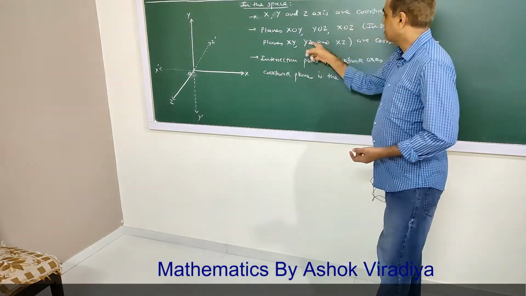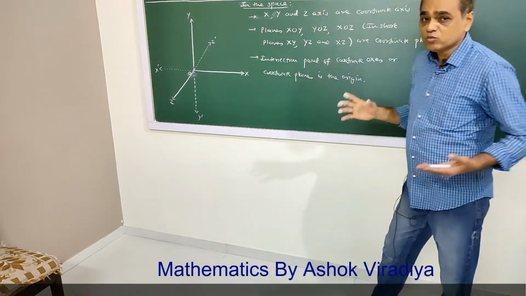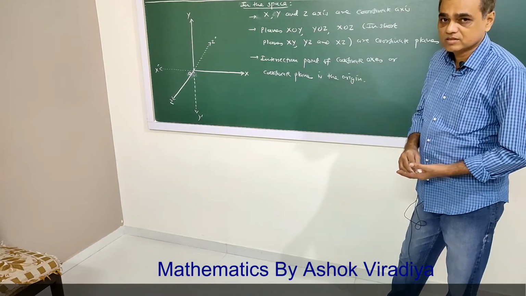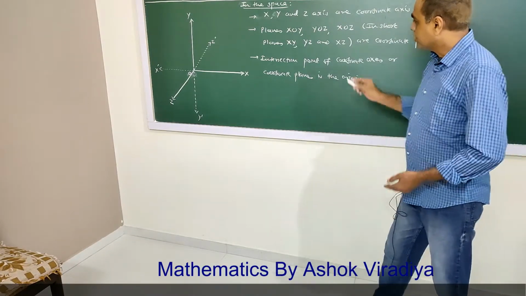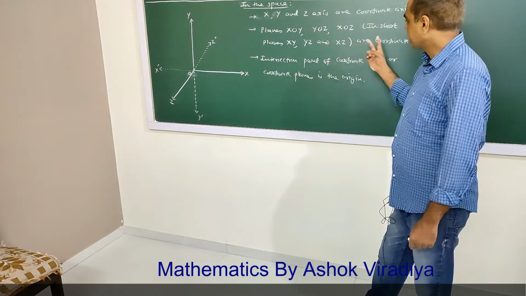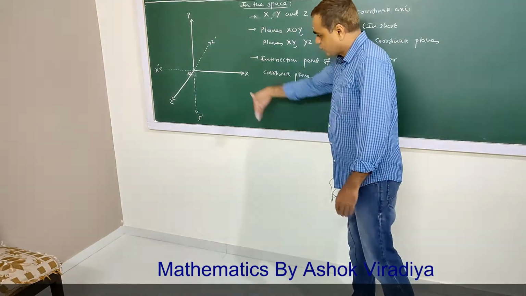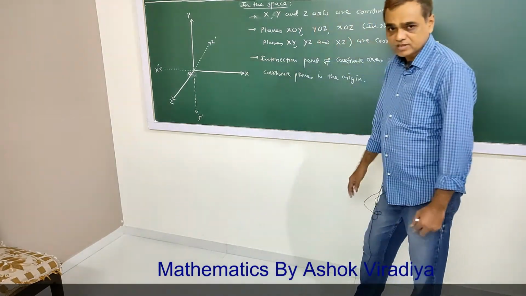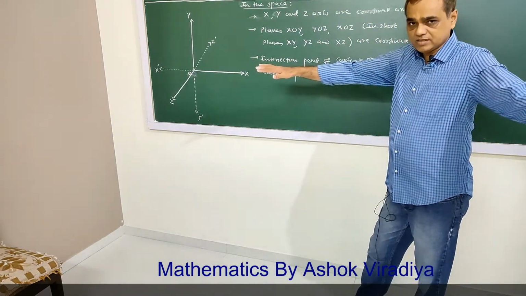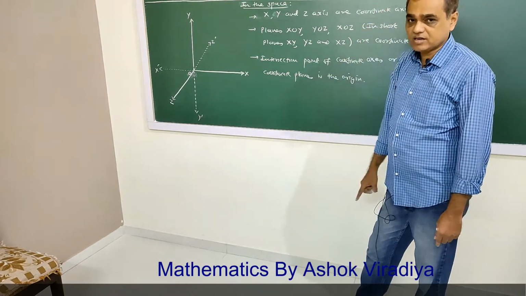These three planes are perpendicular to each other. These coordinate axes are perpendicular to each other. Now, because of these planes xy, yz and xz, the space is divided in 8 parts.